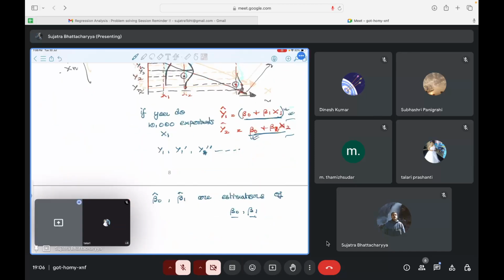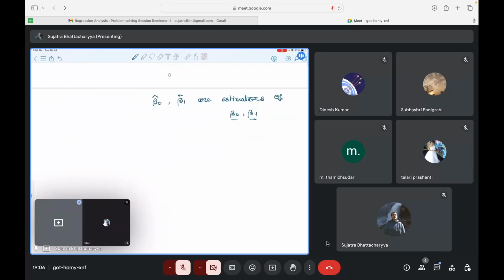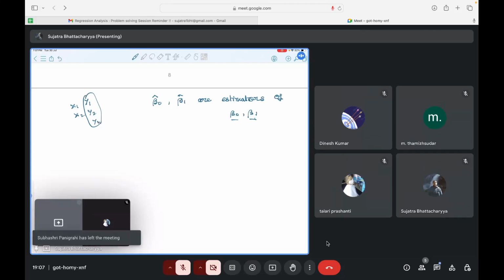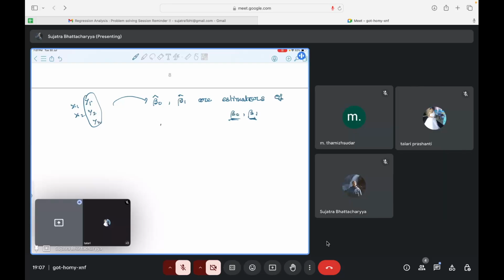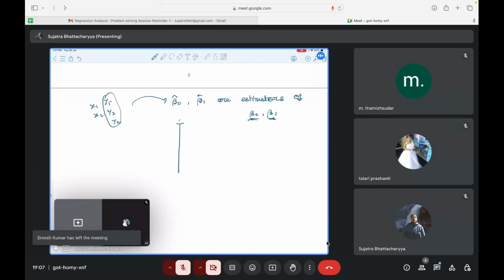Now I am saying that beta naught cap and beta 1 cap are the estimators for these, because we only have samples like x1, y1, x2, y2. We don't have the entire distribution. So for the samples, you need estimators to go close towards beta naught and beta 1, the actual values. So now let us go ahead with this.